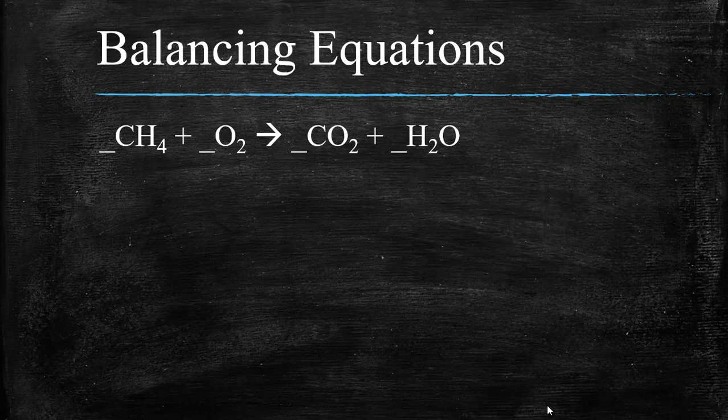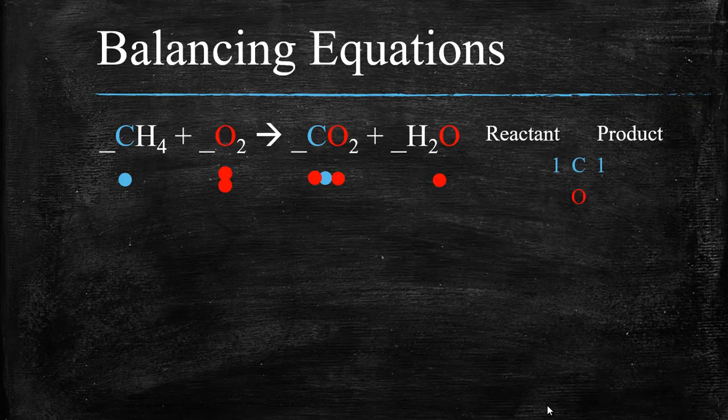Methane, or CH4, is allowed to react with oxygen, and this produces carbon dioxide and water. We're going to do this visually, and we're going to keep track of the reactants and the products. So we're going to make the carbon blue, and we see that on the product side and the reactant side we have 1. That's actually balanced. Then we look at the oxygens.